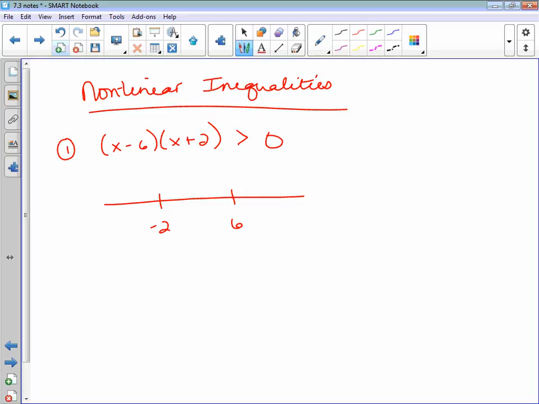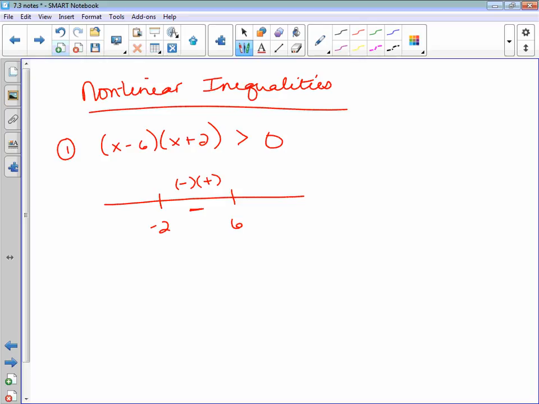It's going to go back and forth. So if you just want to test the easiest section, which to me would be the middle, right? So we can plug in a 0. If I plug in a 0, I get a negative times a positive, which is a negative, right? It does not work. It just gives us a negative. That's all I need. So then what's going to happen on the outside edges?